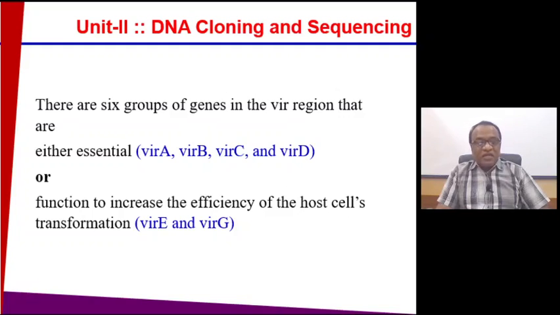Right. So there are 6 groups of genes in the VIR region: VIR-A, B, C, D, E and G genes.